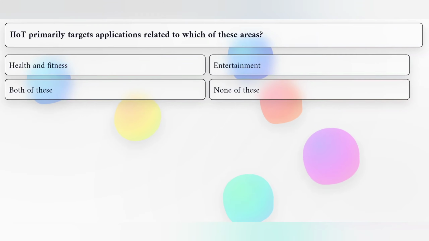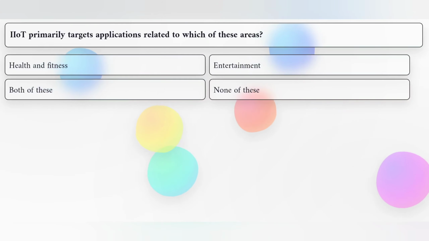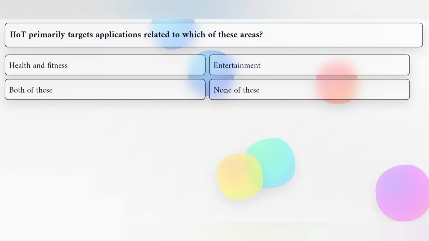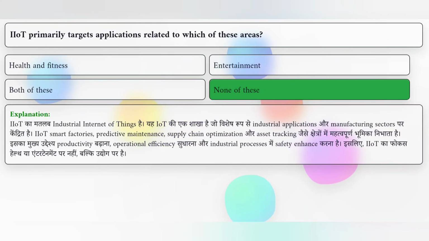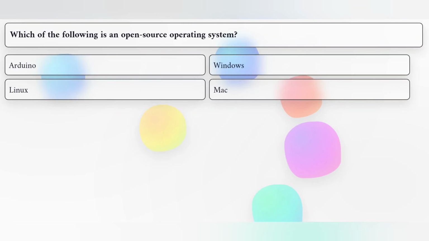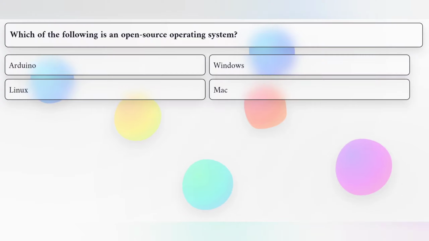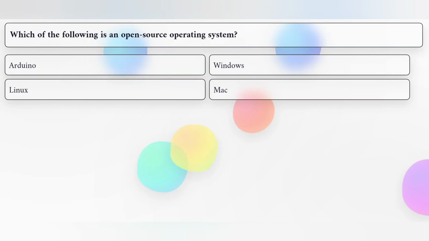IIoT primarily targets applications related to which of these areas? Health and fitness, entertainment, both of these, none of these. Which of the following is an open-source operating system? Arduino, Windows, Linux, Mac.